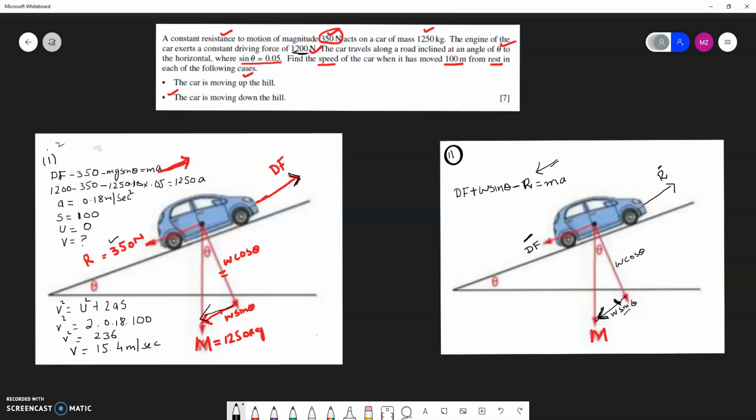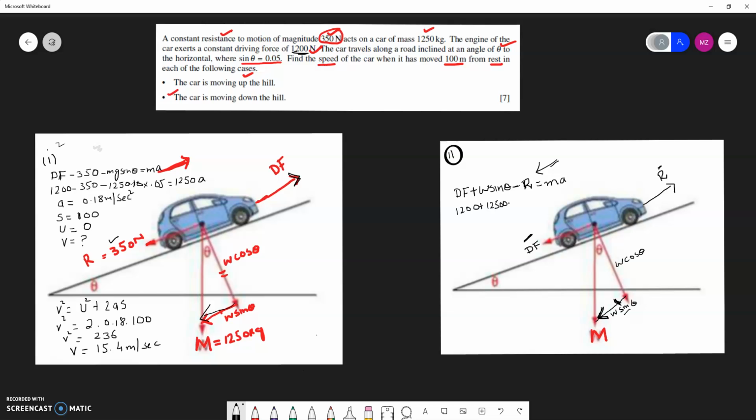Now we need to put all the values. We have got driving force is 1200, plus mg, and m we are given that it is 1250, and the value of g is 10, so it will become 1250 into 10.